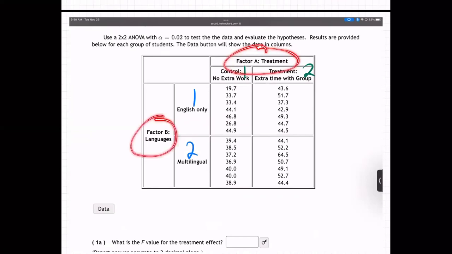But there's another factor that we're considering as well. We have some people that speak only English versus some multilingual people. Does that affect how interested they are in local history? Maybe, maybe not. So again, how would you know this is ANOVA? Well, it helps that it says it's ANOVA, but even if they didn't say that, we have 2 factors affecting whether people are interested in the subject or doing well in the class, in this case the history class.